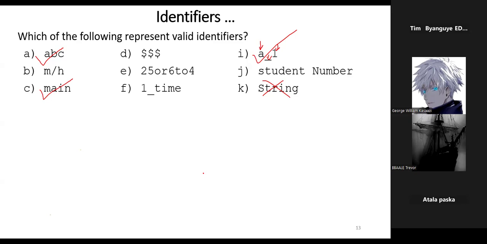Okay. Let's see. Who do we have? Doreen K. Doreen. Which of the remaining ones is a valid identifier? So far we have picked A, C, and I. At least K has been crossed out. But actually, feel free to also tell me which one is invalid if you want to use that. So we just cross it out.